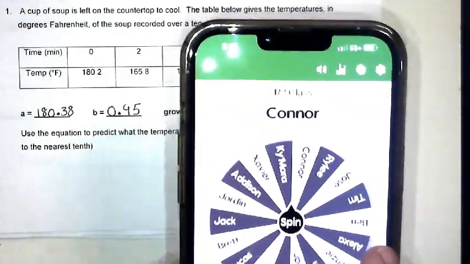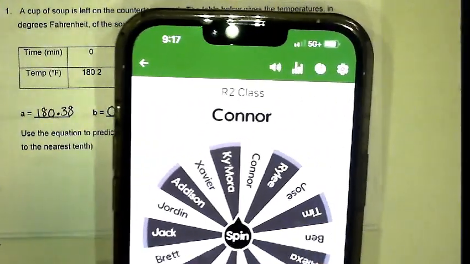Connor again! Literally by the skin of the teeth.